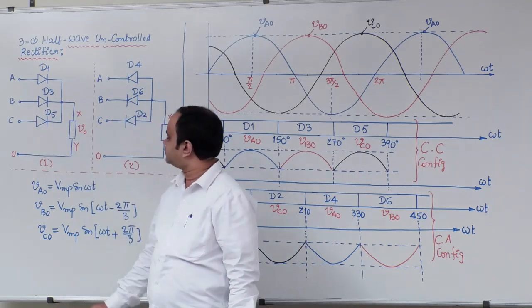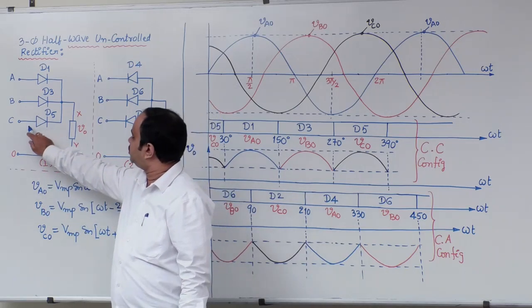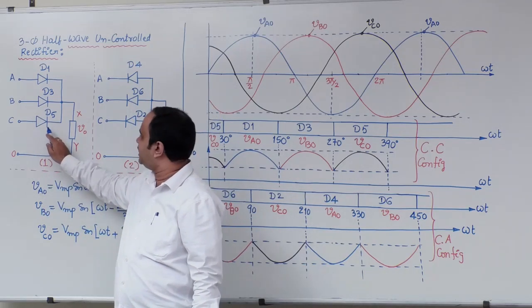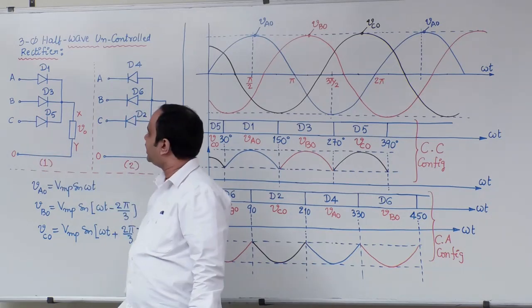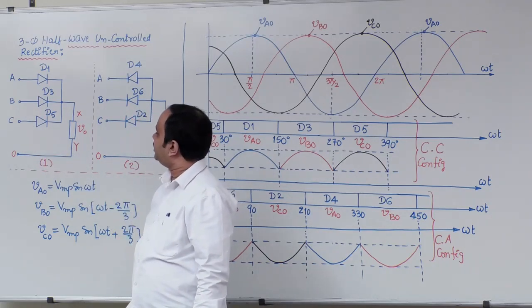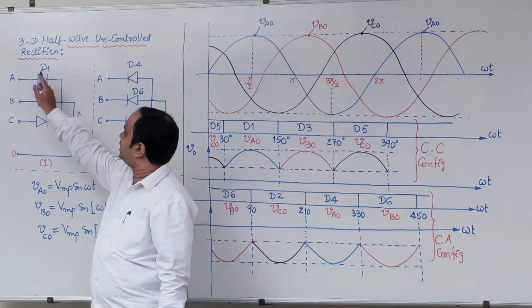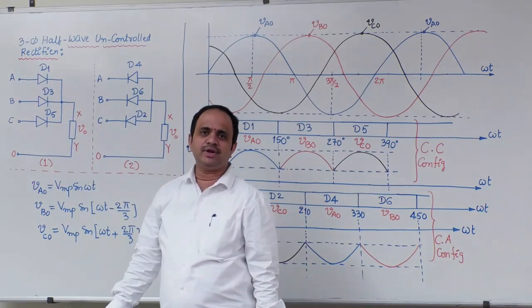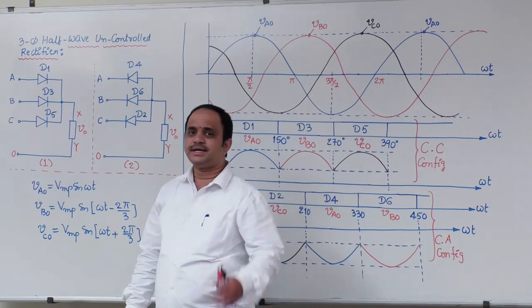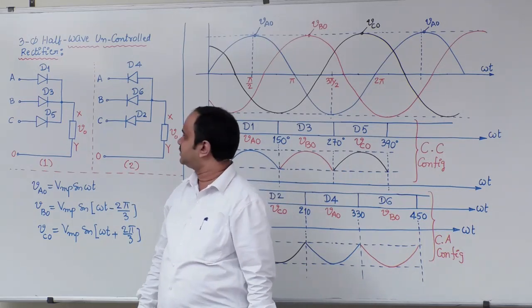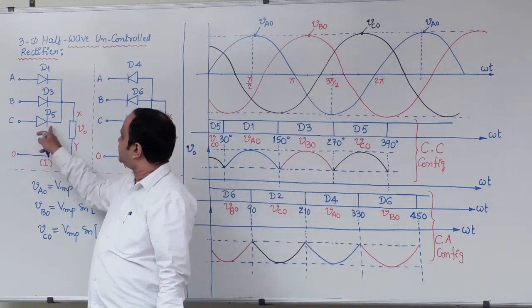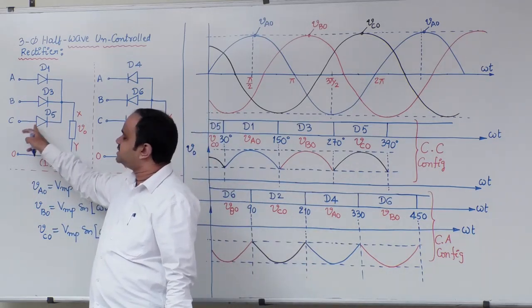Next, the anode to cathode voltage for D5 is VCA. So when D1 is on, the voltage across D3 is VBA and the voltage across D5 is VCA.